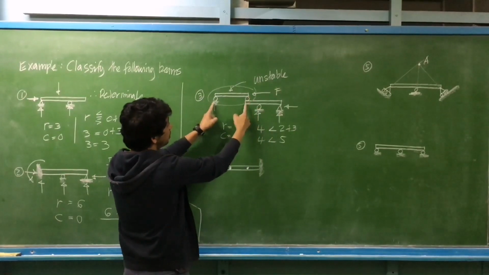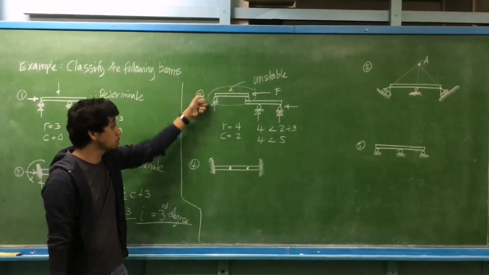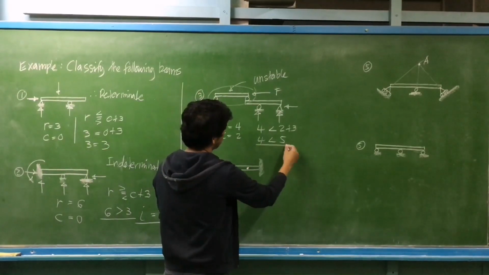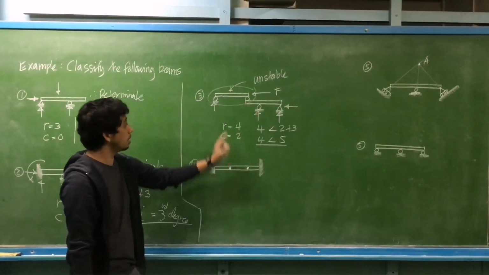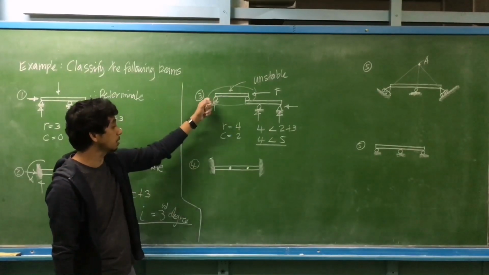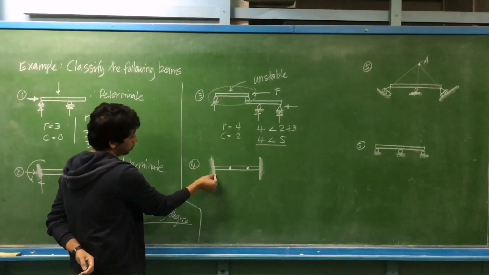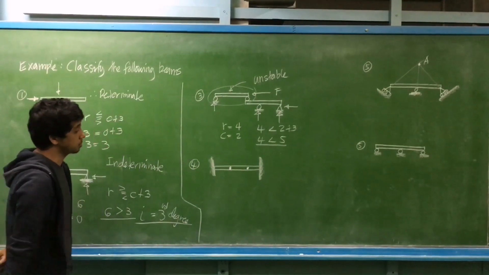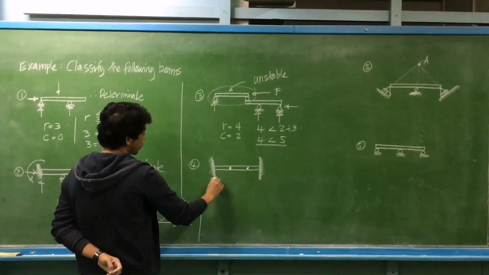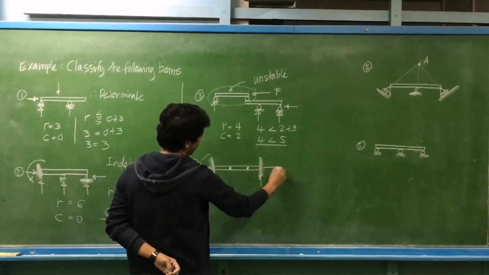Obviously, since they are rollers, this beam will move to the left. So it is unstable. To make this stable, you may replace this roller with a hinge. And then we have this one. For example, both ends are fixed. How many reactions? For a fixed support, we have 3 reactions at both ends.